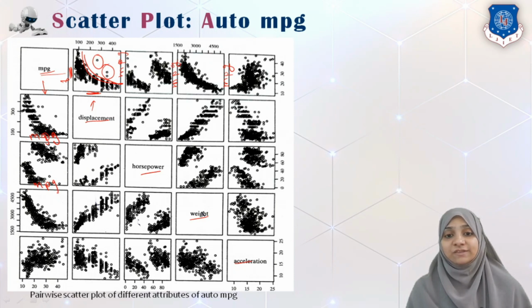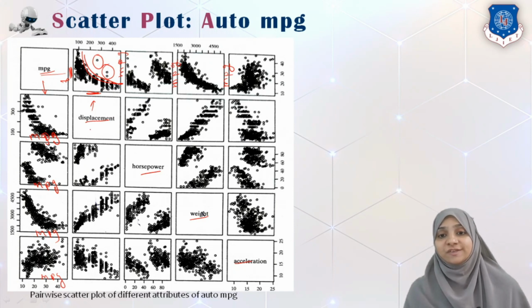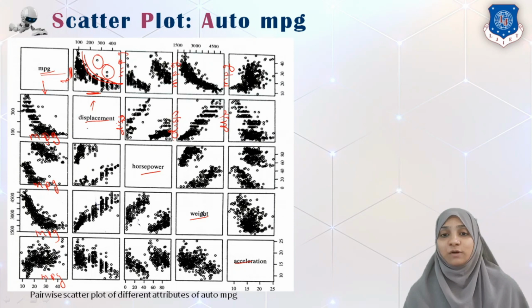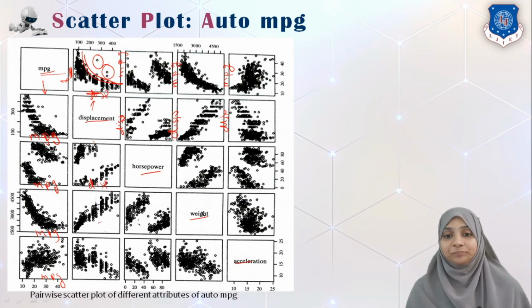Here also the x-axis is MPG. Now this row is displacement. That means in every column here, the y-axis is showing displacement. And this column is also displacement, so the x-axis in this column will always be displacement.